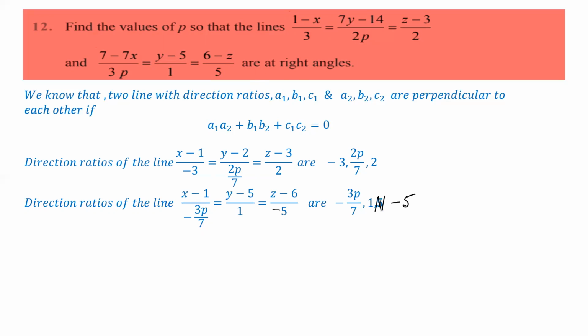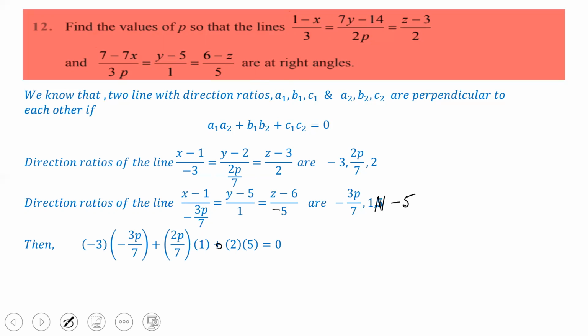Now if we use this condition a1 a2 plus b1 b2 plus c1 c2, here it is minus 3p by 7, and then plus 2p by 7 into 1, and 2 into minus 5.